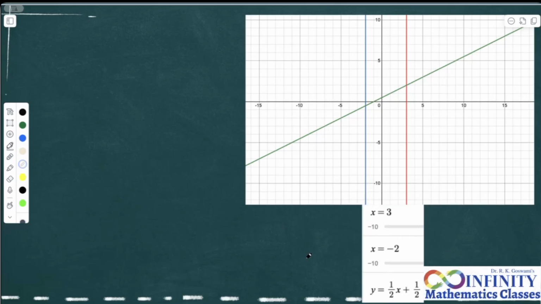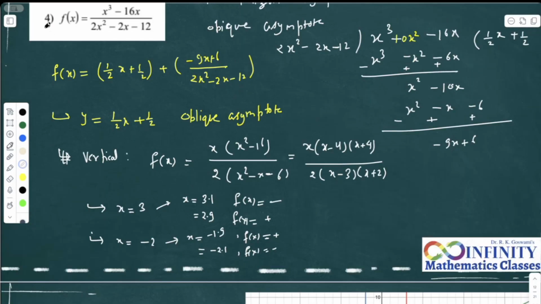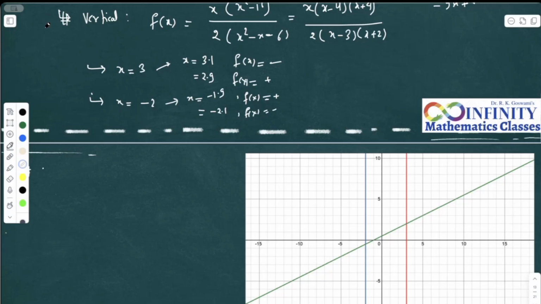Next, I need some special points and the x-intercept, y-intercept basically. So please try to help me. The function was, let me recall, x minus 4, x plus 4, and you are having this 2 times x minus 3, x plus 2.